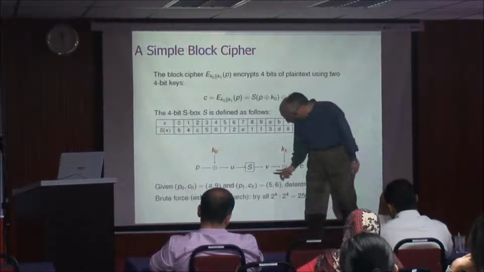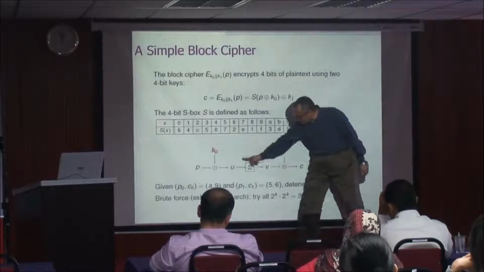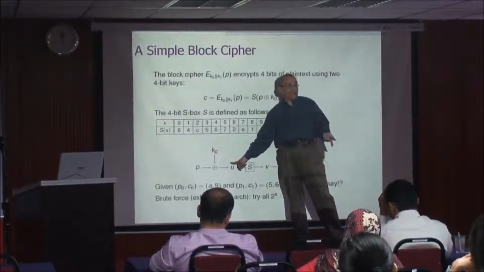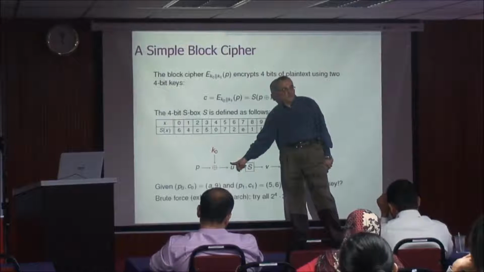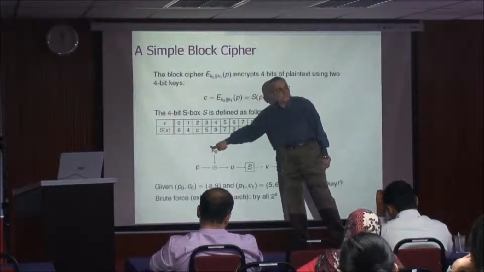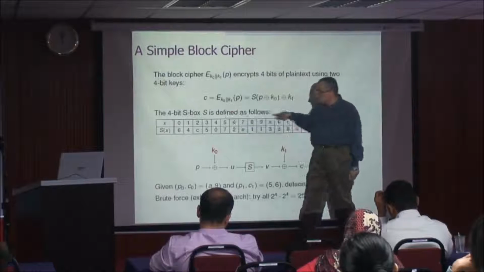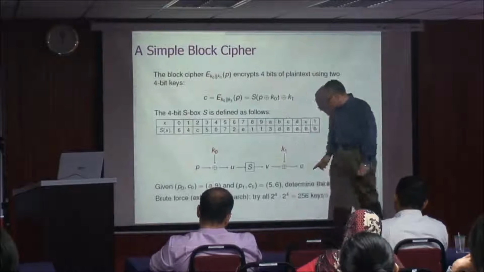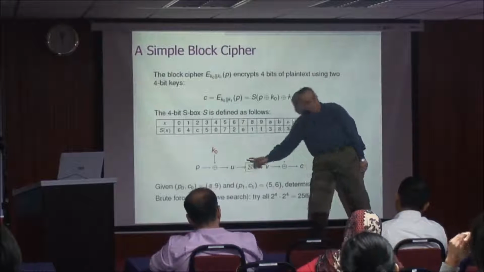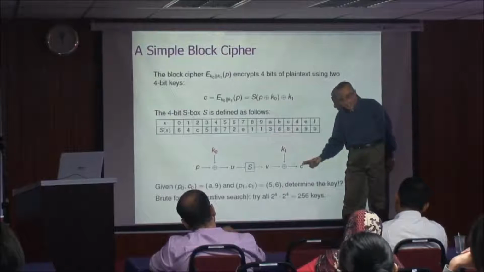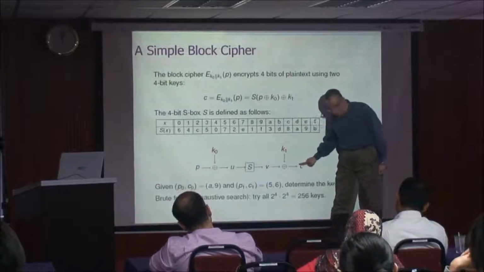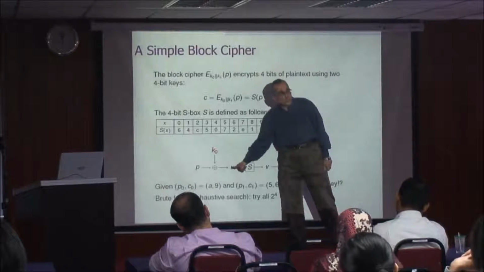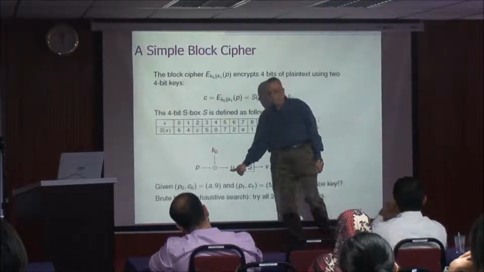Now I can propagate to here and then to here, and calculate the difference. I know that this difference has to be F, without knowing the value of K0. If you look at this table, this is what I do: I use the fact that the difference here is F, get the value of this key, propagate the ciphertext knowledge to this point, evaluate the inverse S-box to get here, and then evaluate the difference at this point.